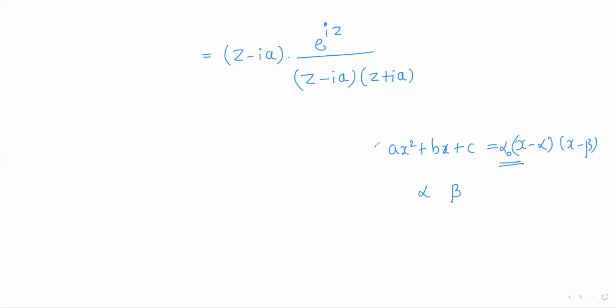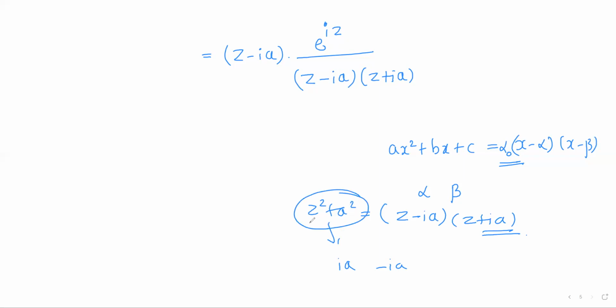Now here z square plus a square is a polynomial and its roots are plus ia and minus ia. So the factors of this polynomial are z minus ia and z plus ia, right? If you multiply these two factors, you will get back the polynomial. So I can factorize this polynomial using its zeros, right?